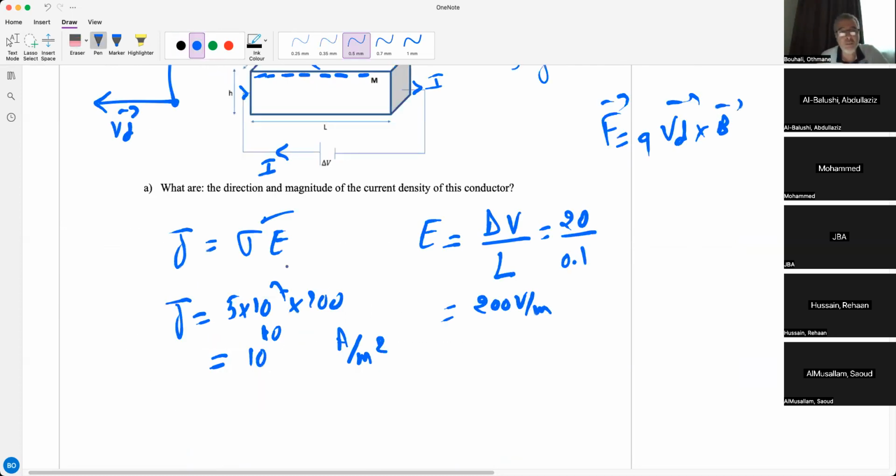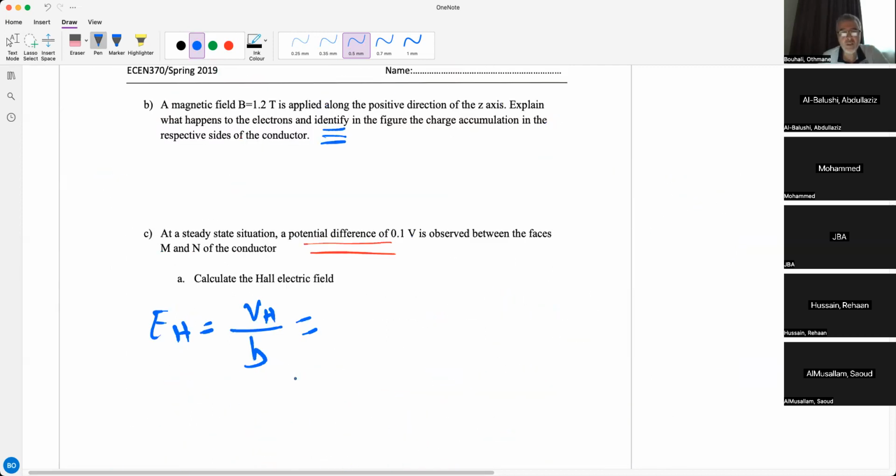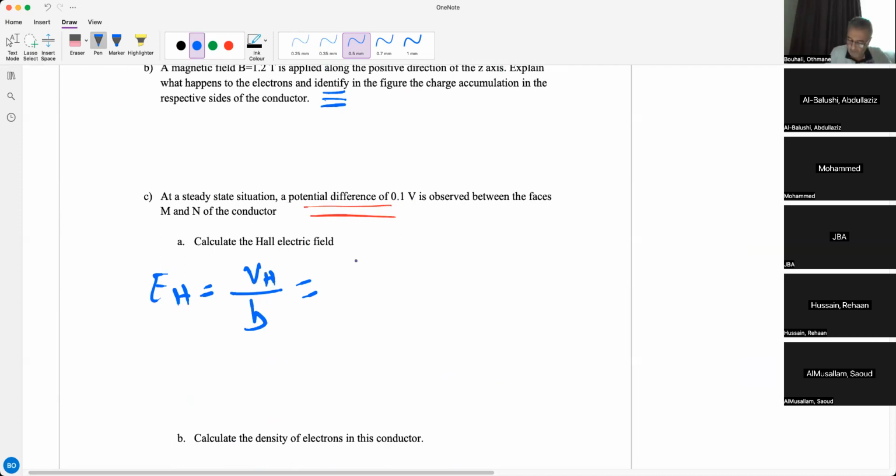And then if I go to B, B is 1 millimeter, and the voltage is 0.1 divided by 1 millimeter, which is 10 to the minus 3. Now, please remember, this is the Hall effect. Many students made a big mistake here: they put 20 volts, the voltage of the battery across the whole length of the conductor.